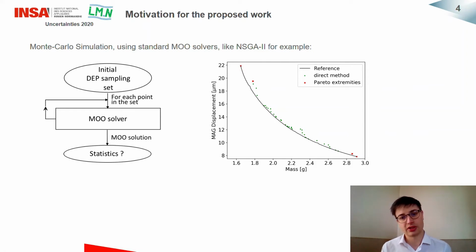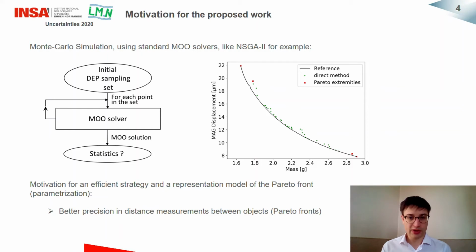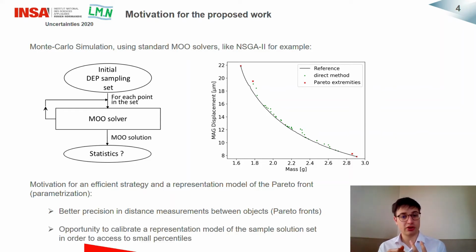We were also motivated to calibrate a representation model in order to also get a better precision of the Hausdorff distance, and in order to have an opportunity to calibrate a representation model and to get access to smaller percentiles later.